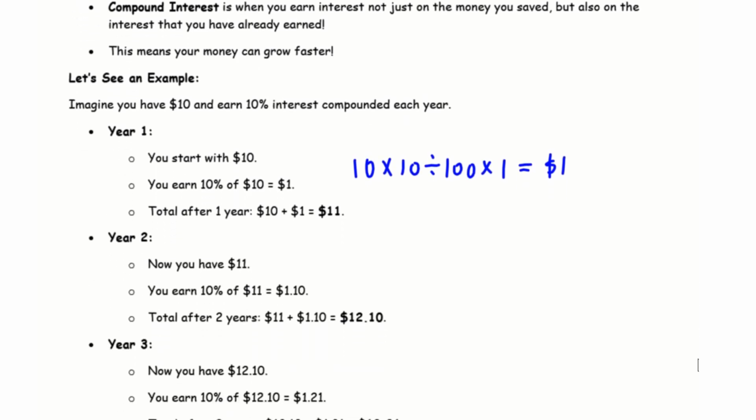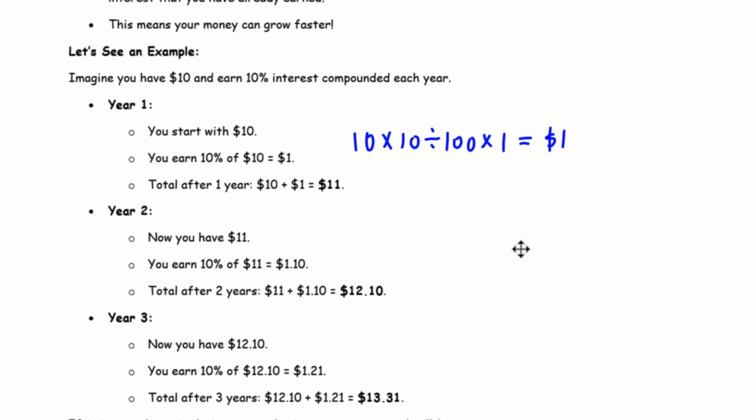But for compound interest, next year you will start with $11 instead of $10. So you are going to make 10% of $11. Of means multiplication, so $11 times 10%, which is 10 divided by 100.